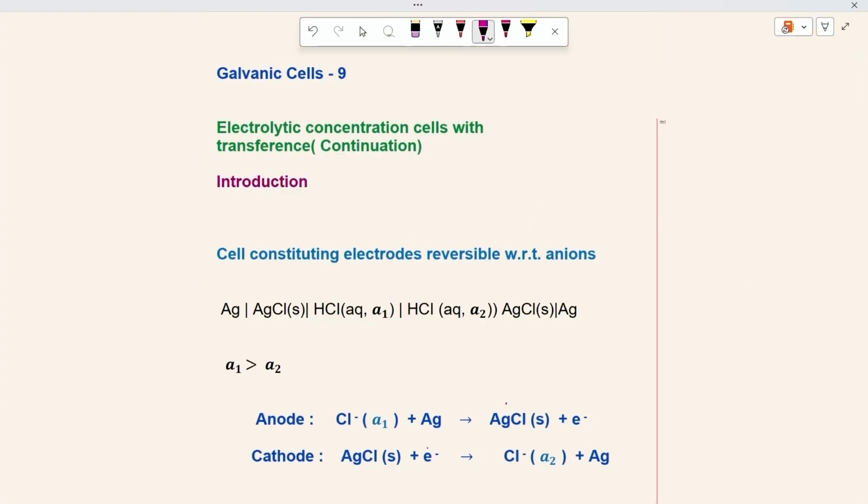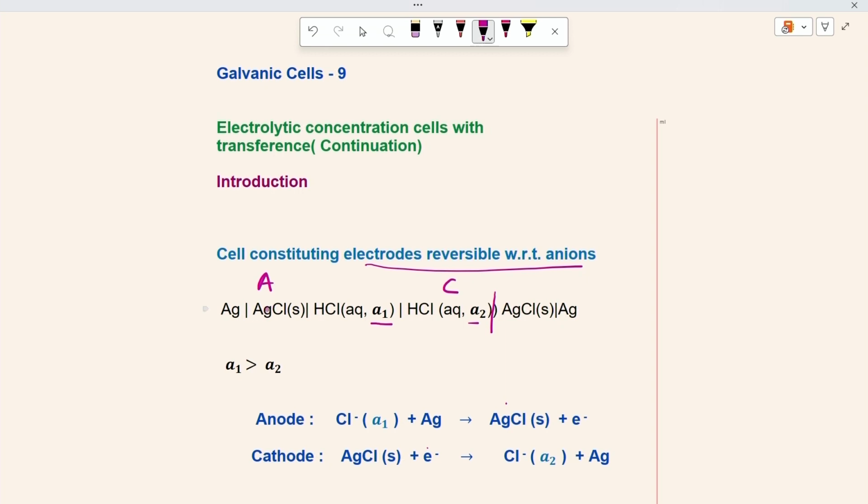Now, this is an example for a cell constituting electrodes reversible with respect to anions. This is an anode where we have silver chloride, in contact with aqueous solution of HCl having an activity A1. And here we have the cathode, HCl in the aqueous state, having an activity A2, in contact with AgCl solid and Ag.